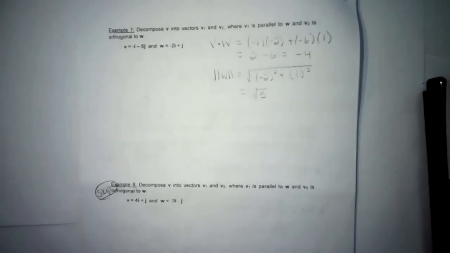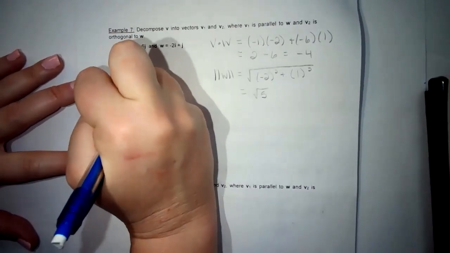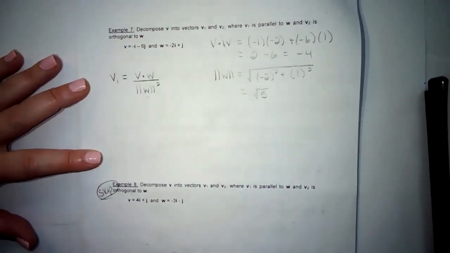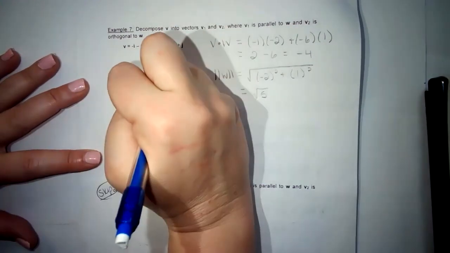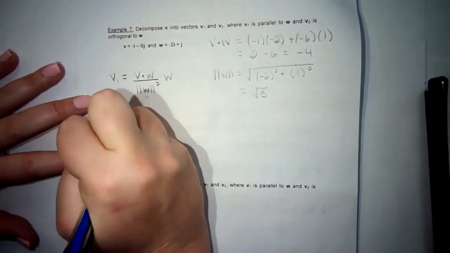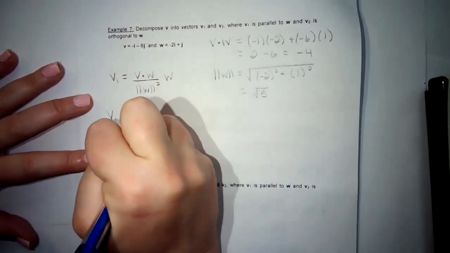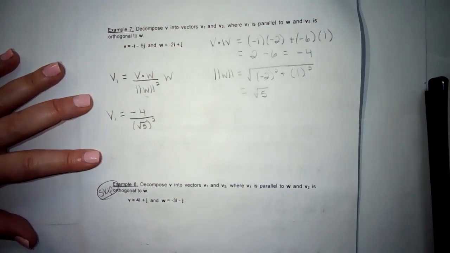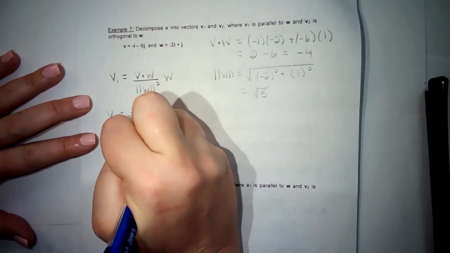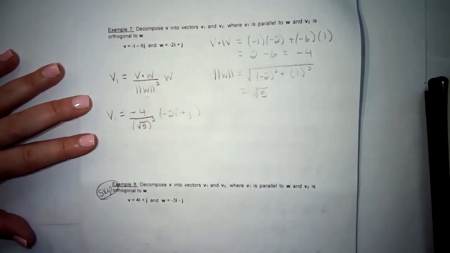So vector 1, remember, is going to be the dot product of v and w divided by the magnitude of w squared times vector w. So here we go. Negative 4 in the top, square root of 5 squared in the bottom, that's just going to be a plain old 5, times w, which is negative 2i plus j.